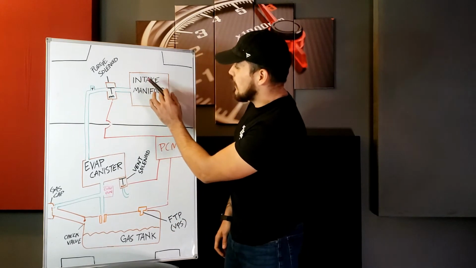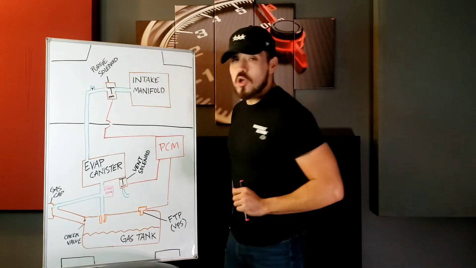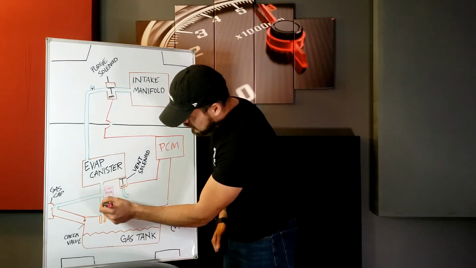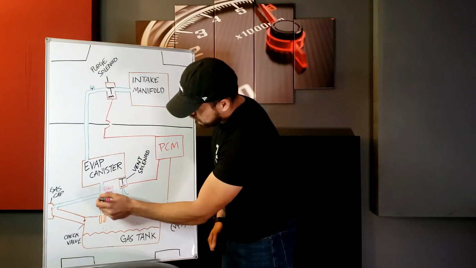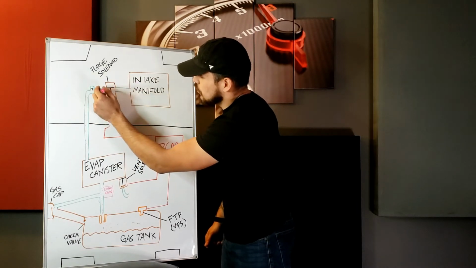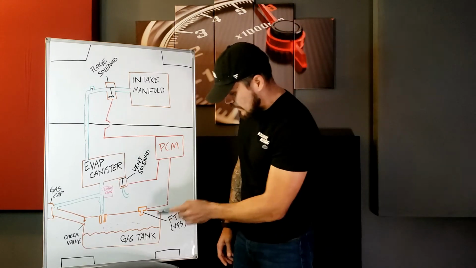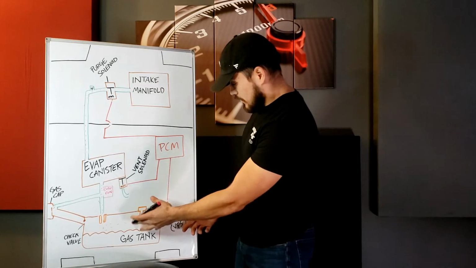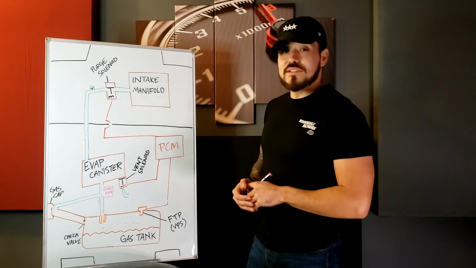So instead of drawing engine vacuum to put the whole system under vacuum, it's going to close the purge solenoid, and this EVAP pump is going to start pressurizing the system. From this point of the purge solenoid, it's going to pressurize the whole system until the threshold is met from the fuel tank pressure sensor, and then the PCM is going to note if there is a decay in pressure.